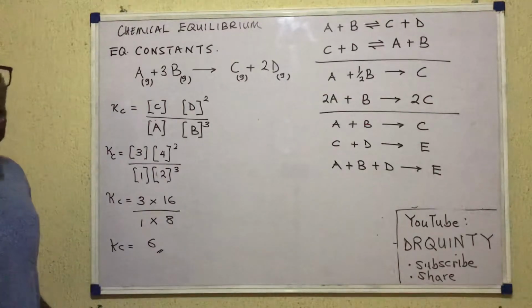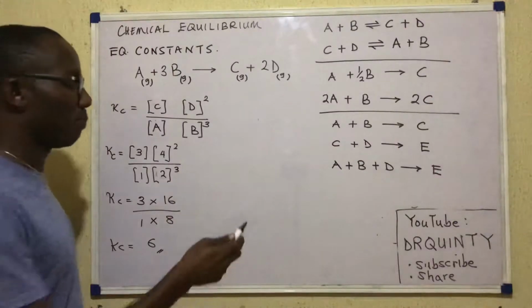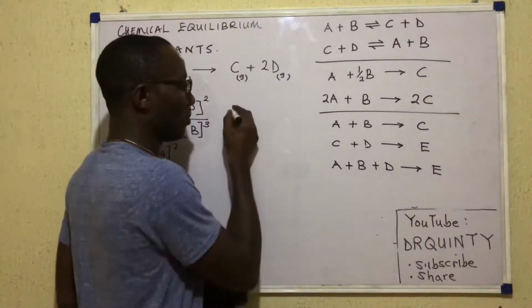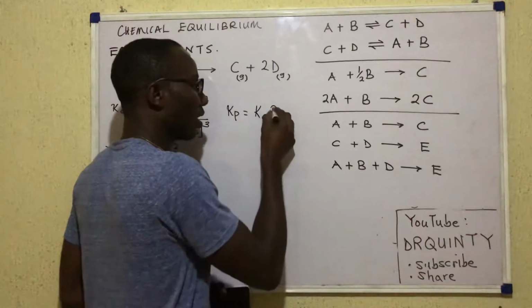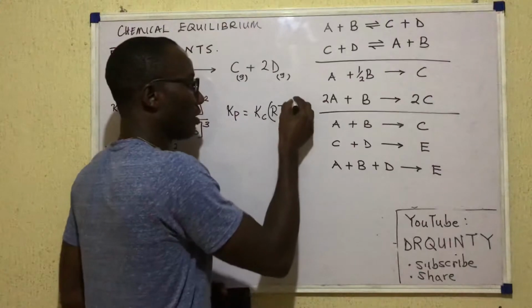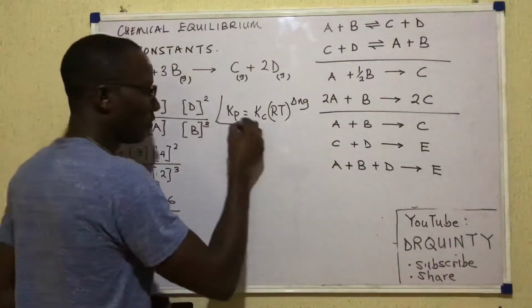Now here's the relationship connecting Kc and Kp. There's a simple equation connecting them. It says Kp equals Kc (RT) raised to the power delta Ng. That expression is very important.